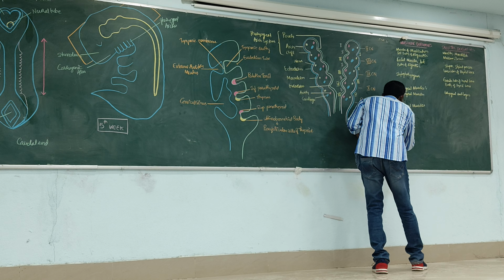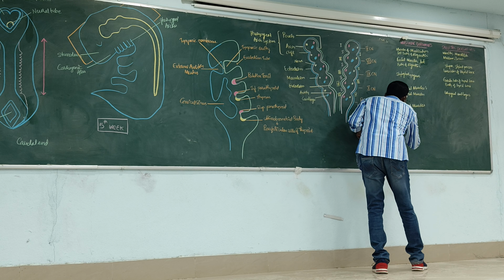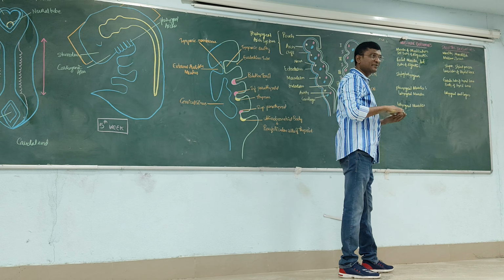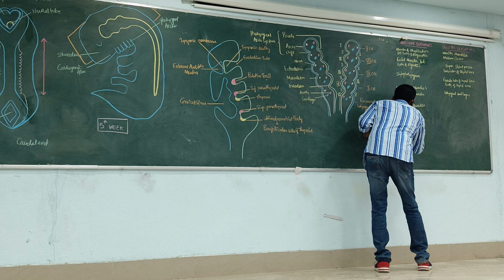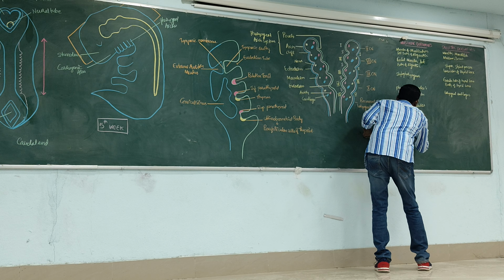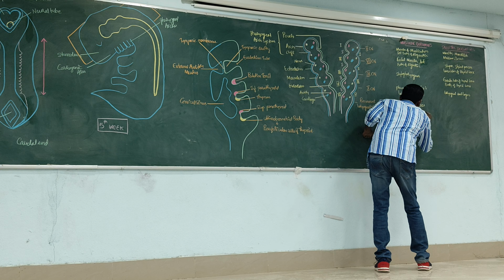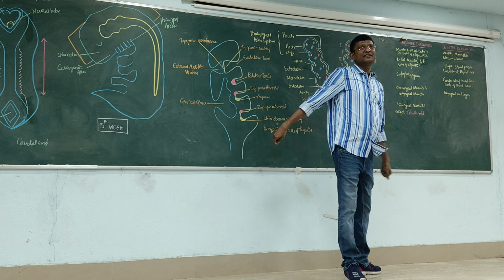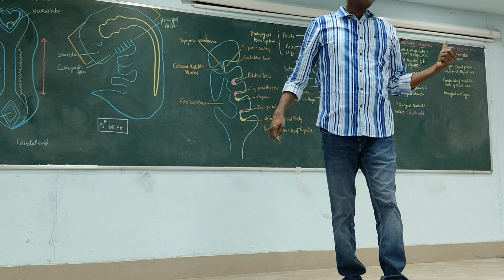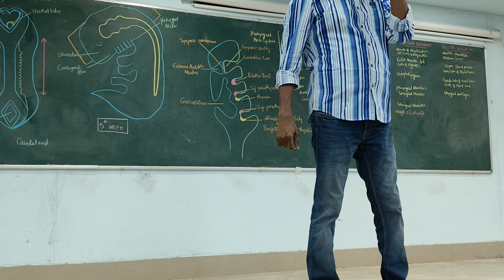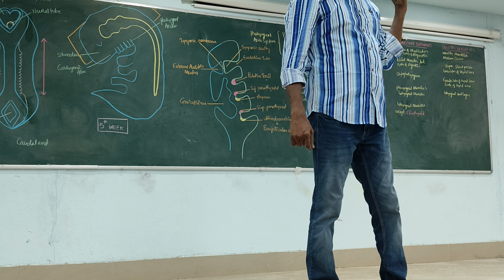Laryngeal muscles, except cricothyroid muscle. So the only muscle which is not produced from the sixth pharyngeal arch is cricothyroid muscle. Again, MCQ.